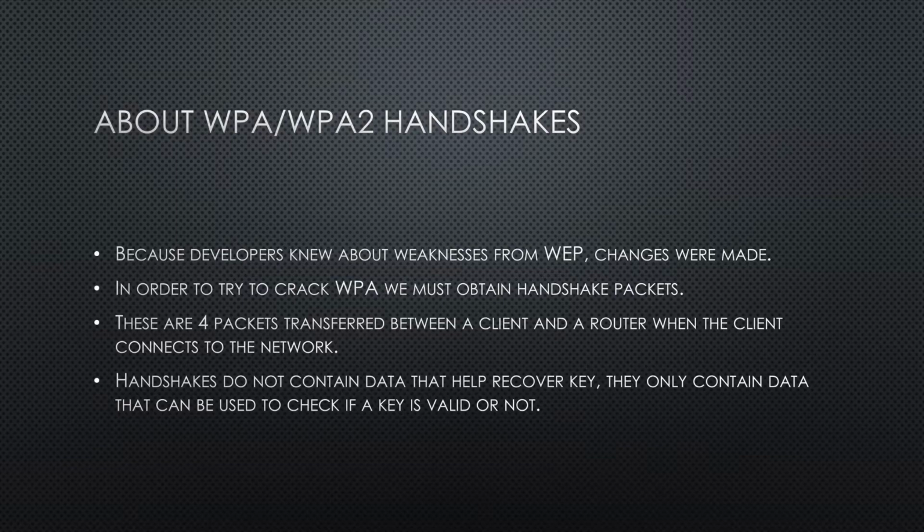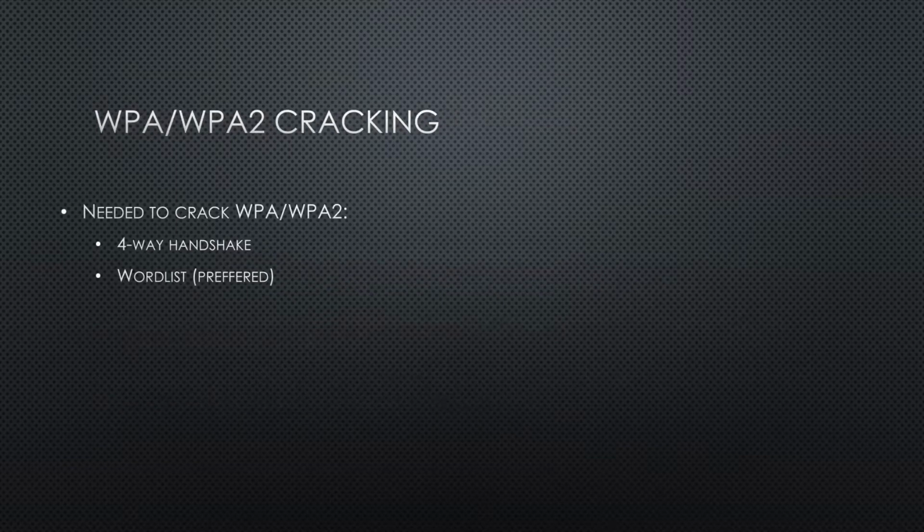So again, that can be used to check if a key is valid or not. All right, so we need 2 things to crack the WPA. It's a four-way handshake, which is what we obtain, and then a word list. We have to create the word list in order for it to run, right?